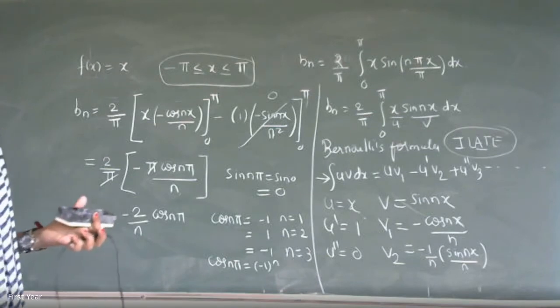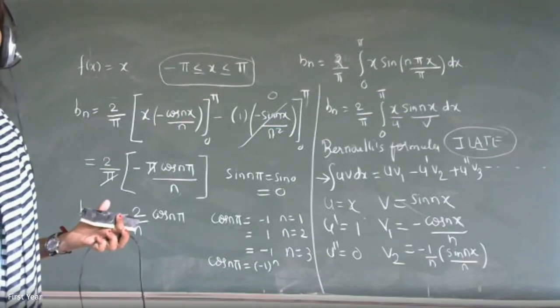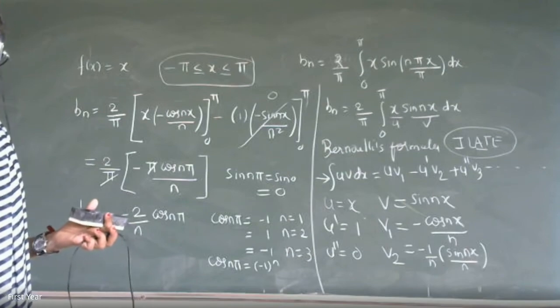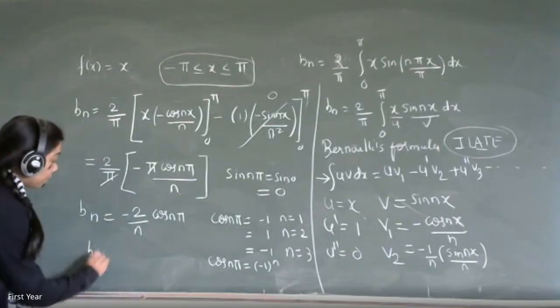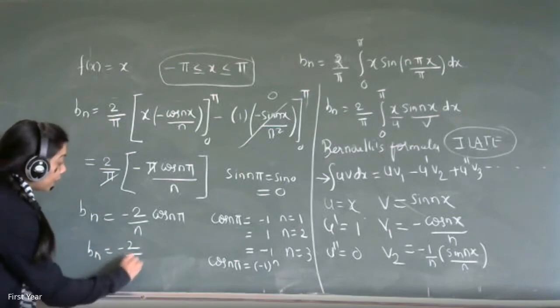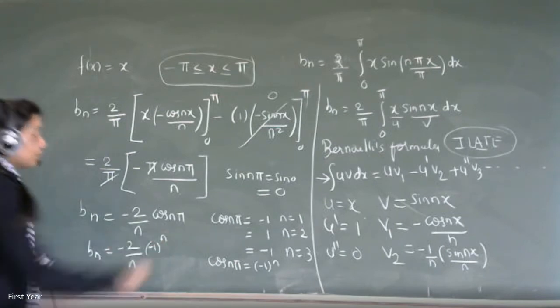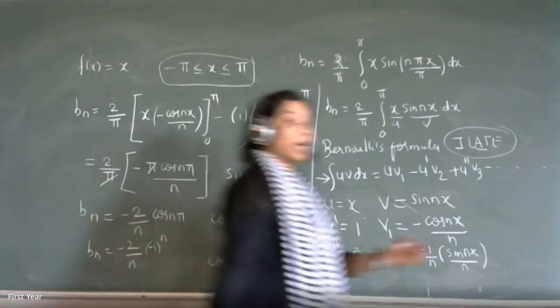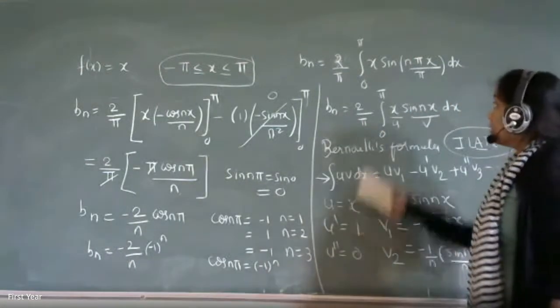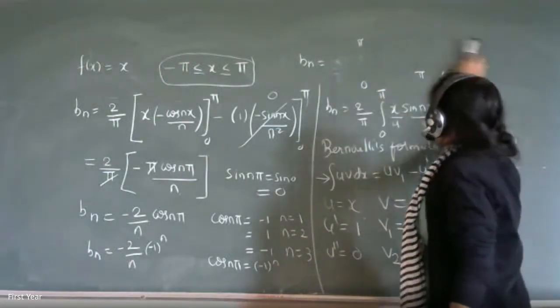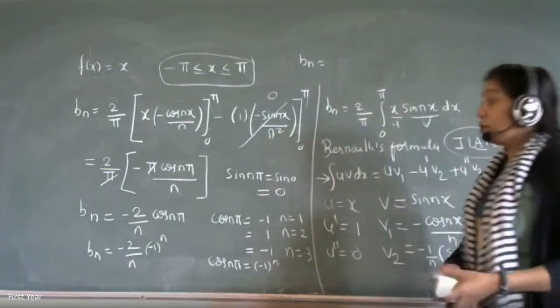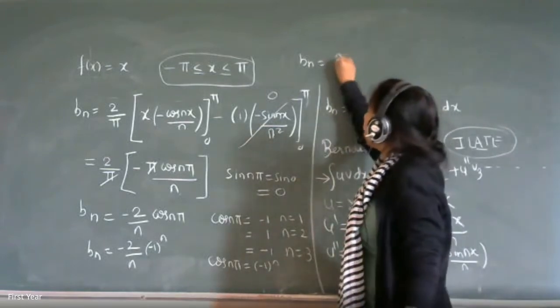So alternately it is becoming plus 1, minus 1. That's why your Bn value will become minus 2 upon n, minus 1 to the n. Can you combine them together and get one fixed answer? I'm writing it down now. So what will it be totally, Bn? How many minus ones are there?